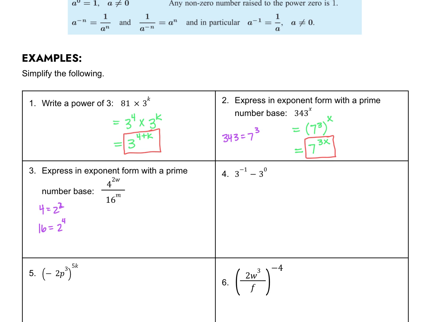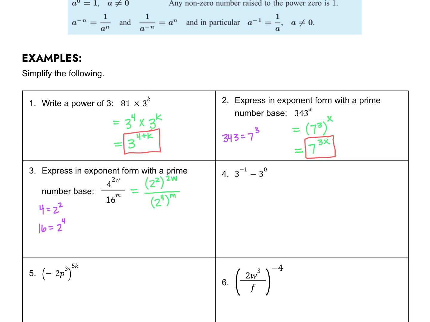So what I can do here is I'm going to replace what is on the inside. So if I have 4, I'm going to write 2 squared because 4 is 2 squared, and that's to the power of 2w. And then instead of having 16 to the power of m, I can rewrite 16 as 2 to the power of 4 to the power of m.